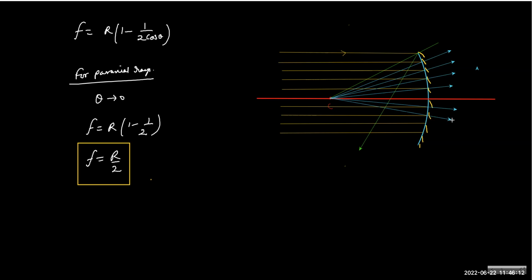And the principal axis itself is normal to the mirror, right? Do you realize this? Yes. The principal axis itself is normal because it passes through the center. So any ray which passes through the center will automatically be normal. Okay, let me draw the reflection. This is fine.